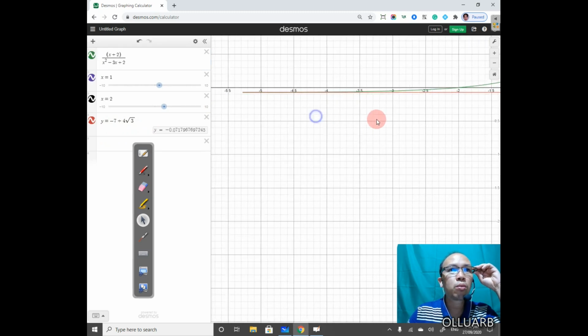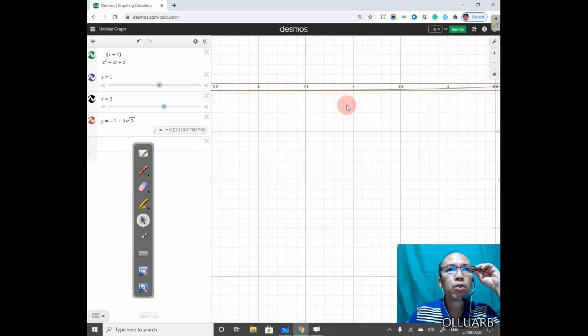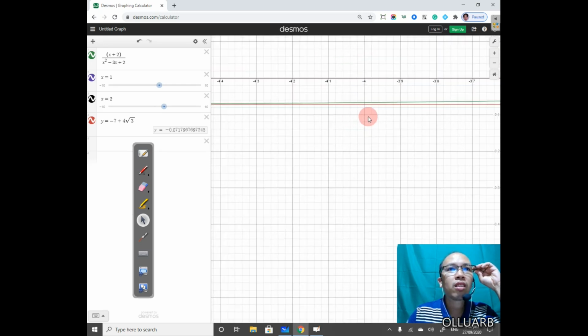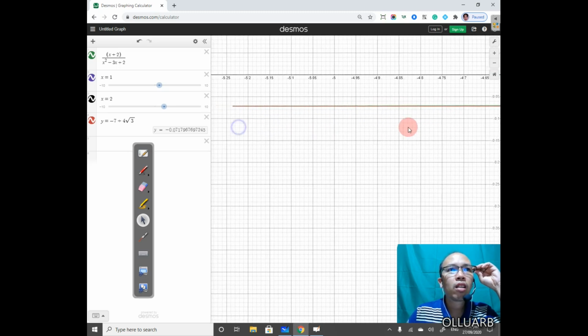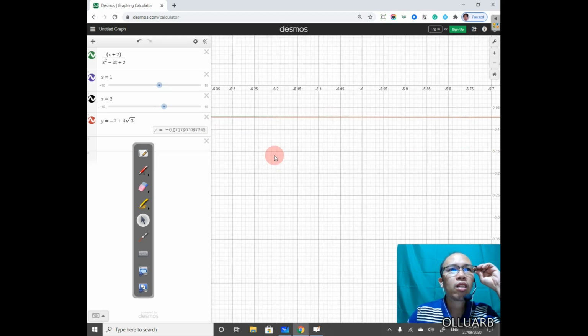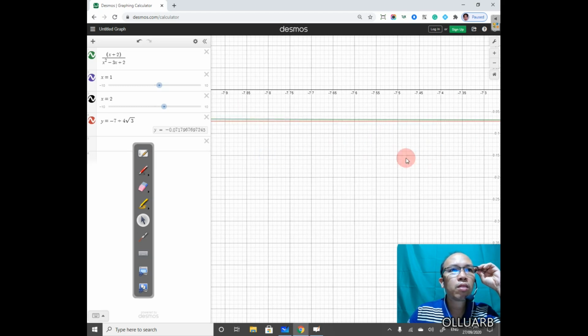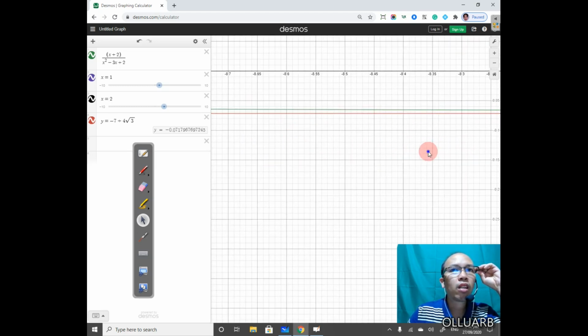So let's zoom in. As you can see, it touches. But if you zoom in, can you see that it never touches, even if you extend it? That's -7. It seems like it touches, but never.